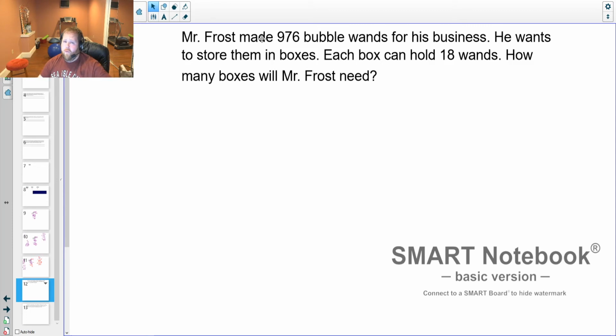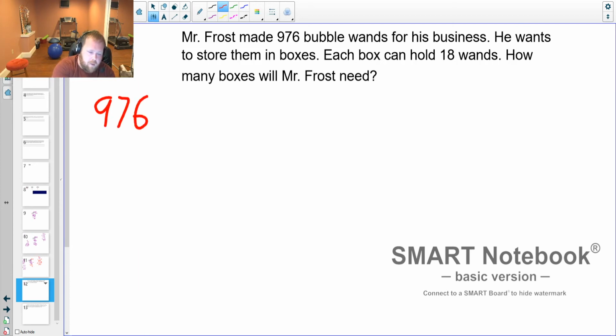So you think you've answered it, huh? Well, welcome, because we're going to see. With all number stories, we're going to write down what we know. We know that there's a guy named Mr. Frost, and he has 976 bubble wands. And he wants to store them in boxes. So we always just check to make sure. Does everything make sense?